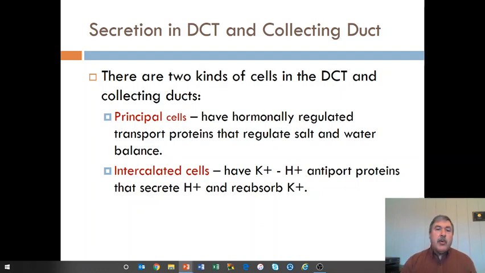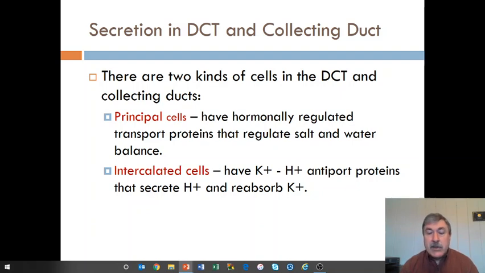Now, we're going to talk a little bit more about secretion in the distal convoluted tubule and the collecting ducts. Collecting ducts are the last part of the nephron. There are two kinds of cells. There's principal cells that have hormonally regulated transport proteins that regulate salt and water reabsorption. That's under the control primarily of the hormone aldosterone. And then there's intercalated cells.